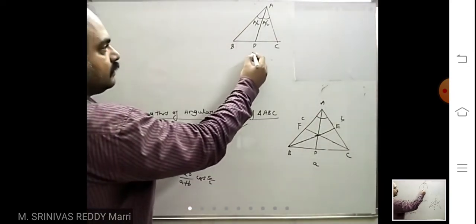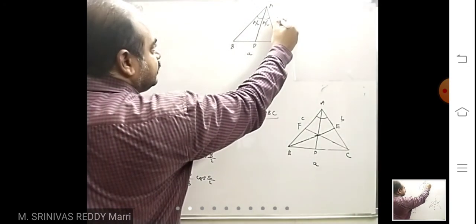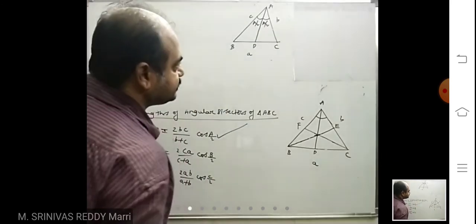Now, this length is a, this length is b, this length is c.